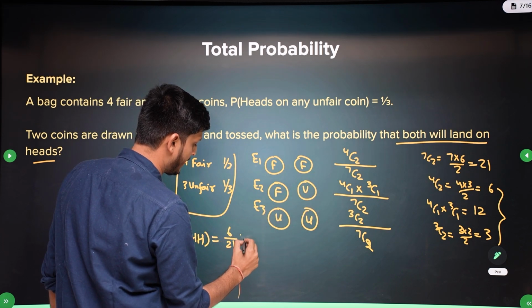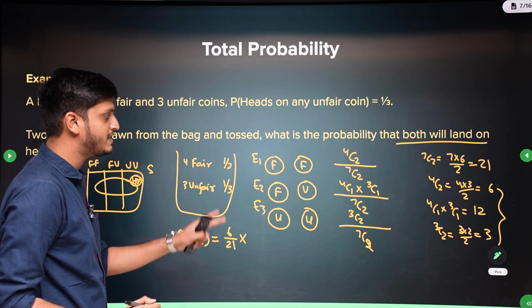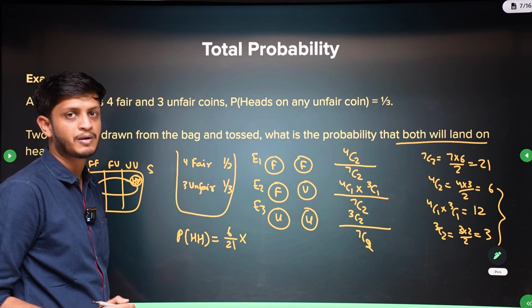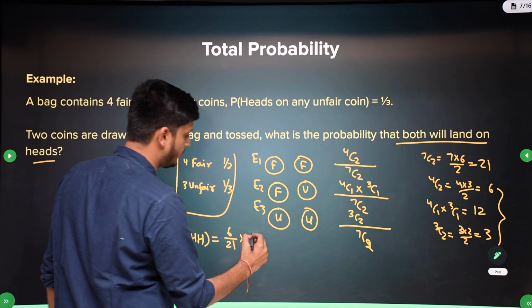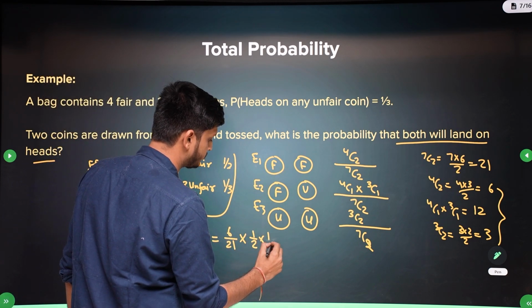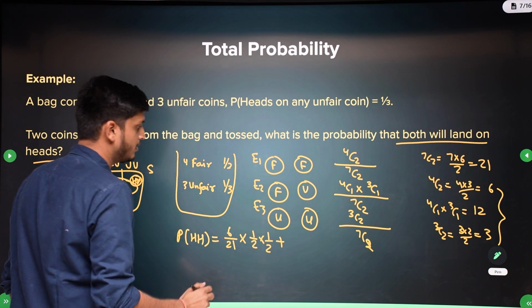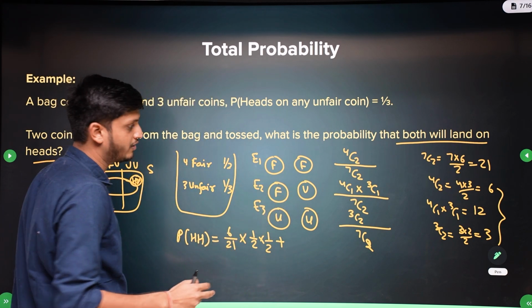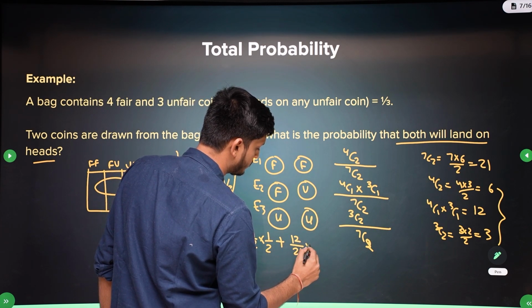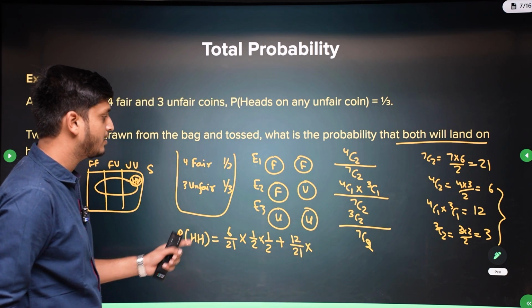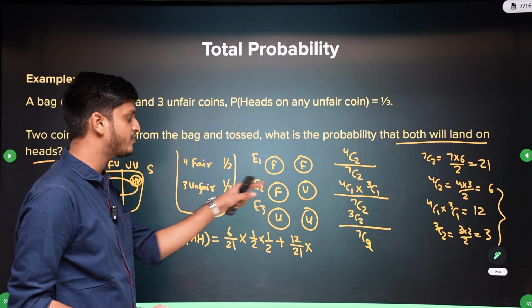times the probability of both heads given both of them are fair, which is 1 by 2 into 1 by 2, plus the probability of one fair and one unfair coin, which is 12 by 21, times getting both heads given that one is fair and one is unfair.